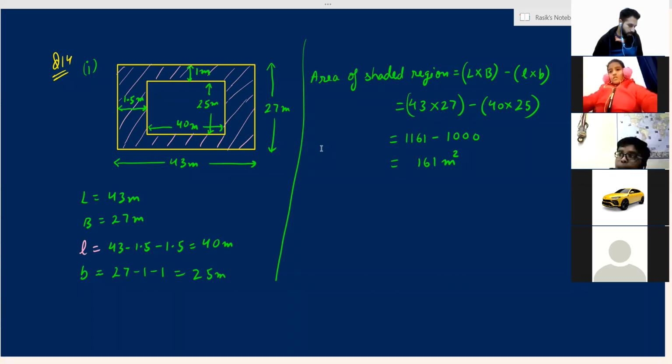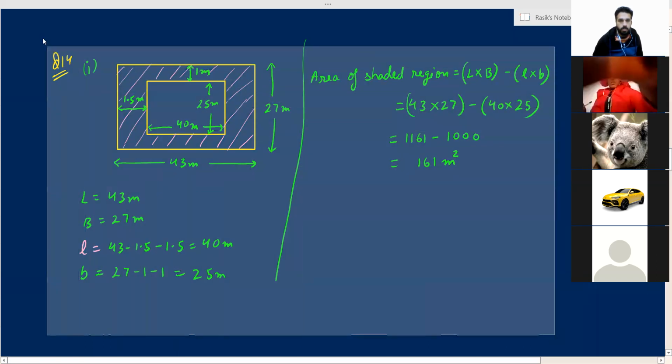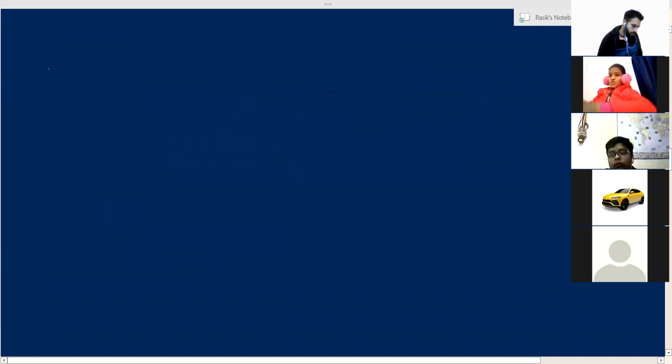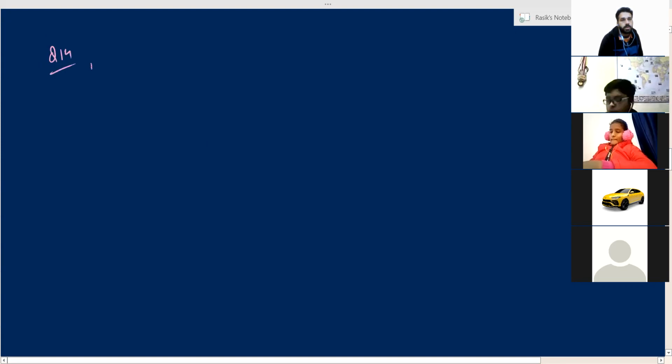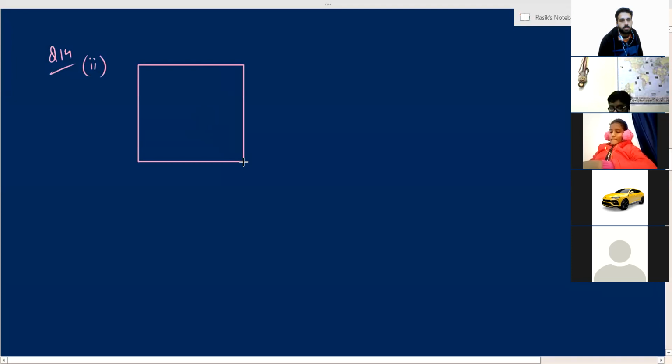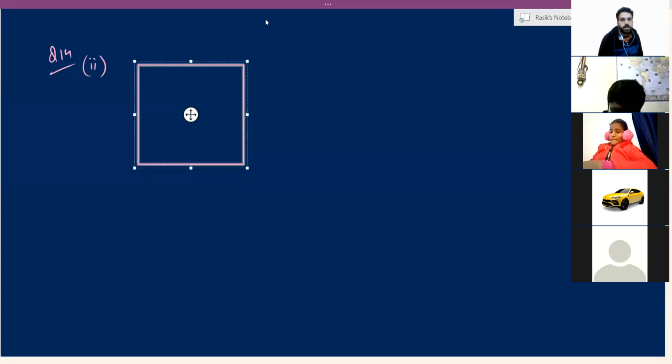I'm checking your answers, all of you. Absolutely right, Paridhi. Question 14, second part. First of all, there is a square. Then there are two roads.